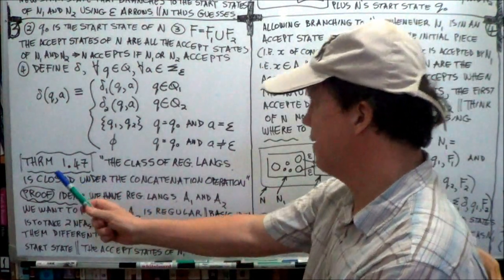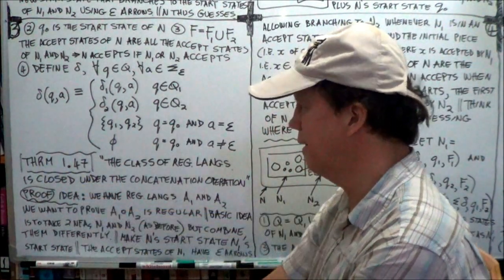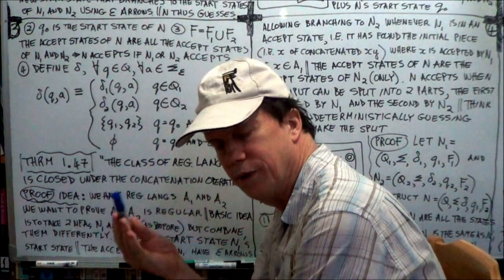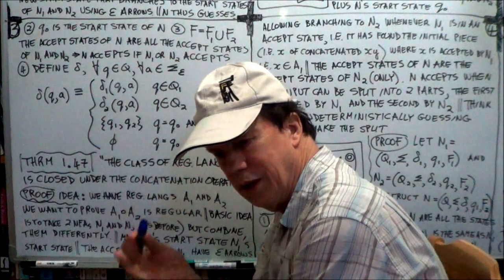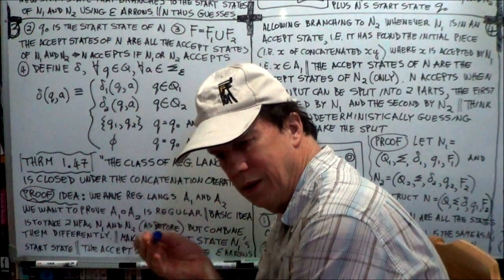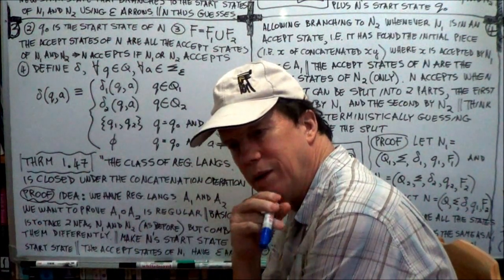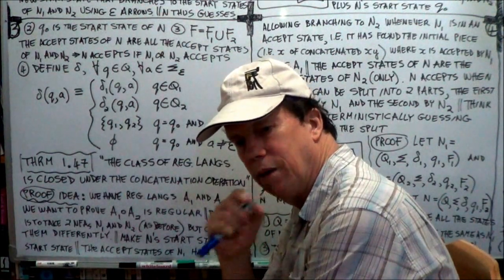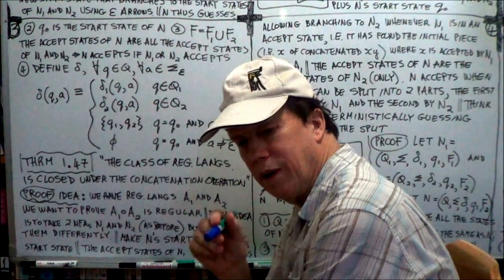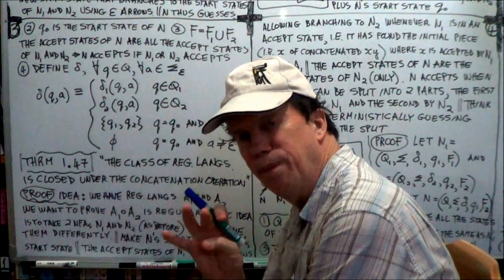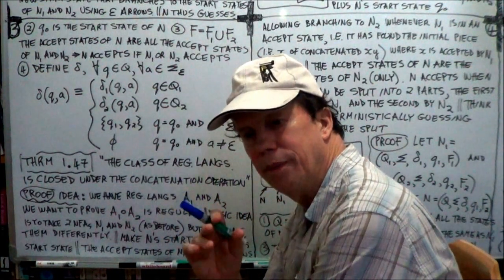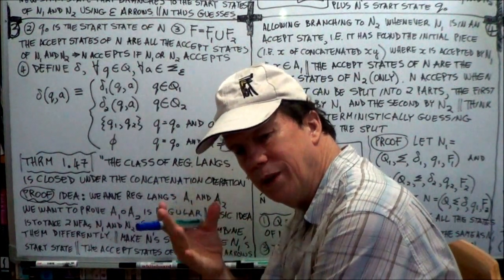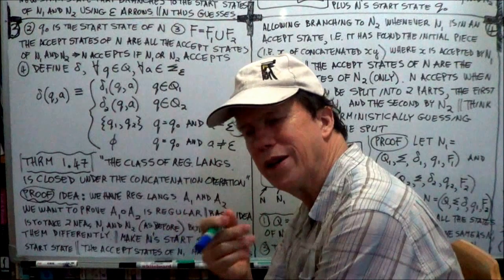Okay. Now next theorem. Now these three theorems showing closure, proving closure for union, concatenation, and star, they have a lot in common. They'll incorporate an NFA, one or two of them, inside a bigger NFA, N, okay, and then they'll connect up in different ways for the three cases.